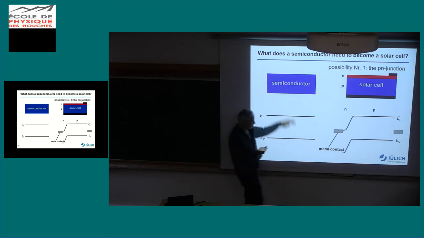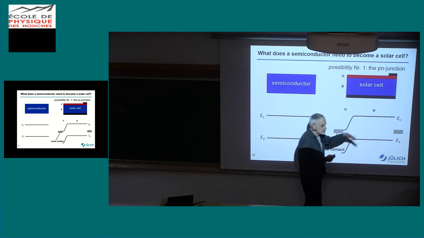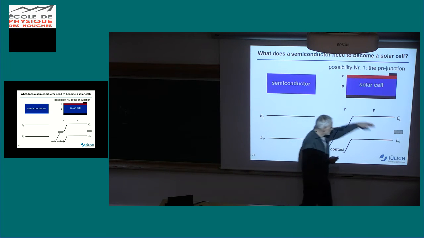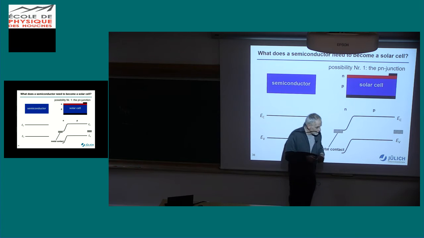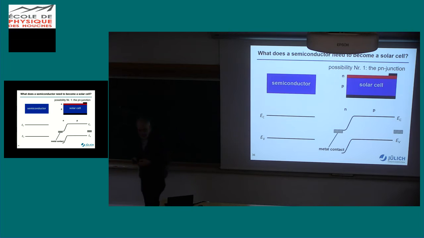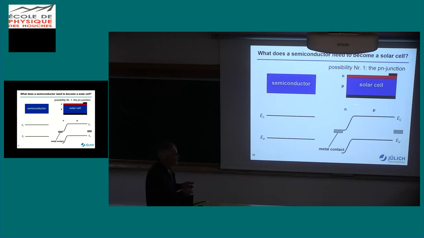In the morning everything was flat, and we only had these contacts moving up and down more or less at will, and the voltage was somehow the difference between these two contacts. But what we did not discuss is that these contacts have an influence on the inside of the semiconductor, or you can have inside some assistance to the contacts, for instance by making a PN or an NP junction.